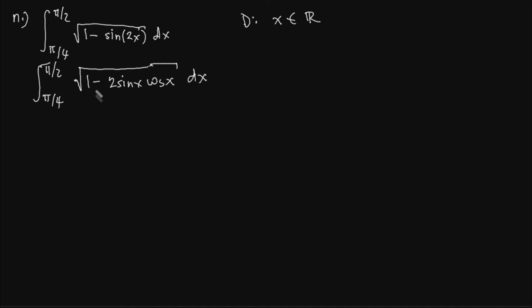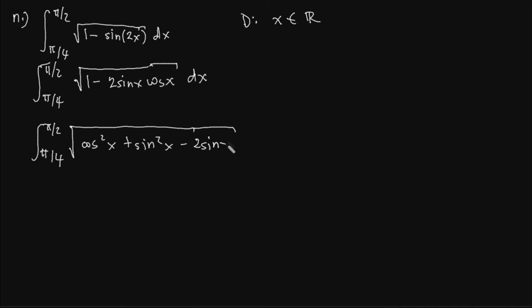So, what I'll be doing is that I'll represent this one in terms of cosine squared x and sine squared x. So, the 1, by the Pythagorean theorem, we know that this is cosine squared x plus sine squared x. So, I don't think anyone will disagree with me there, because this is one of the easiest equalities that we can solve in trigonometry.